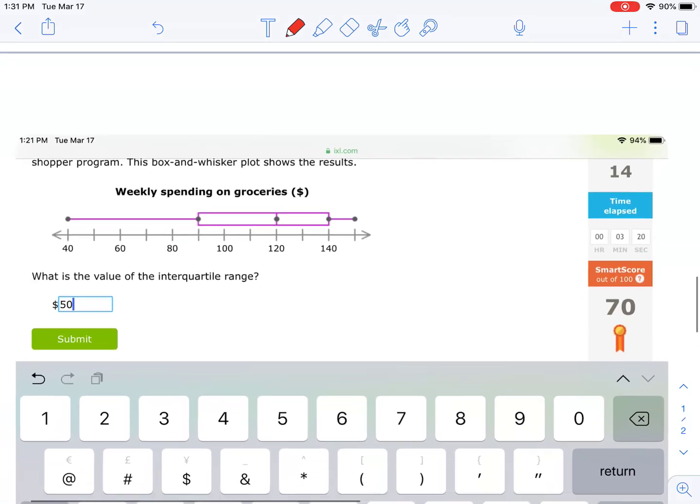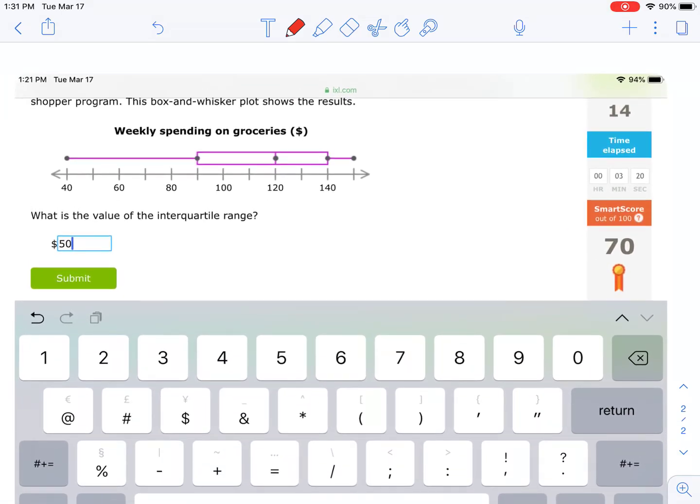And then another example I have here, again wanting that infamous interquartile range, the space inside of the box. So I look at my scale on my number line, and it looks like it's going by 20s, but in between would make 10.